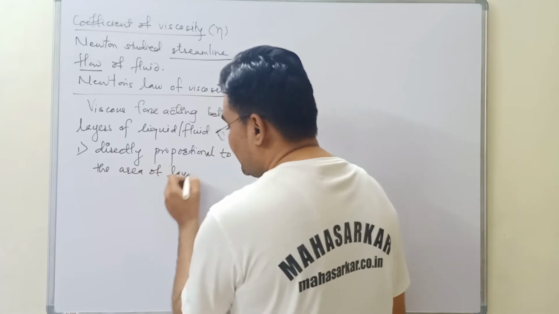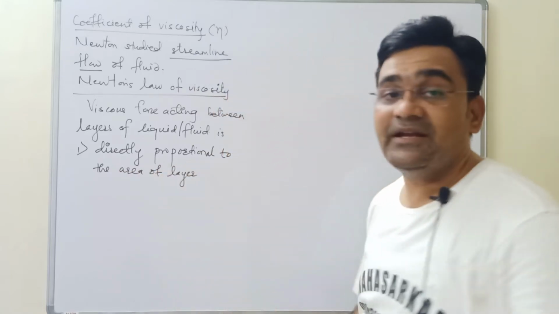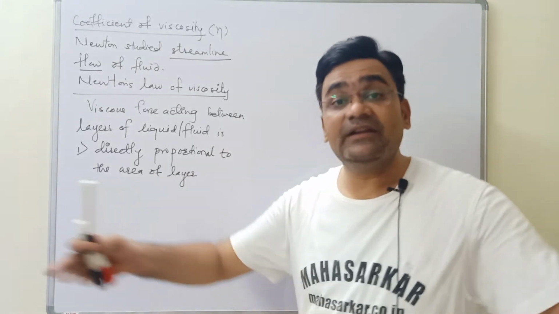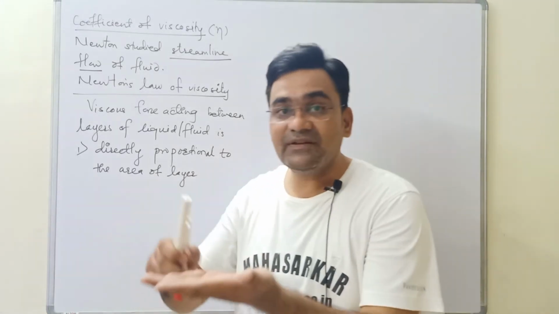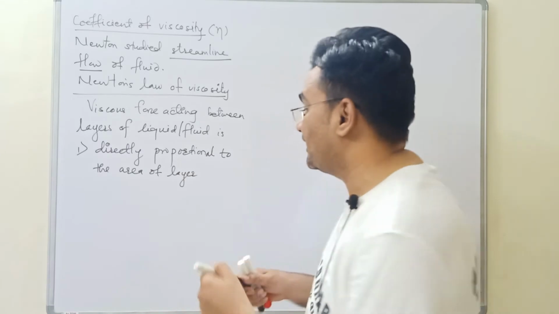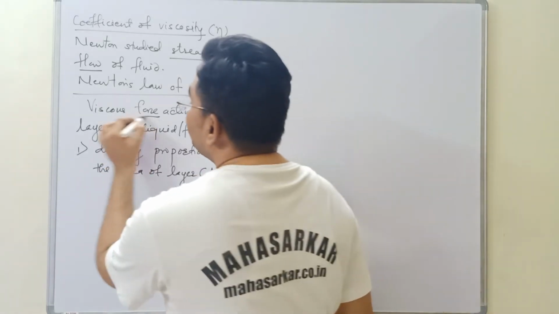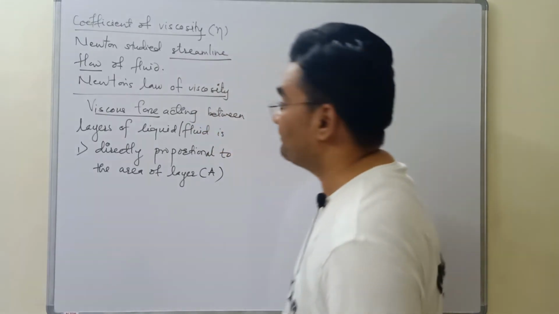Now remember, the area of the layer doesn't mean the area of the container or the entire flow. It is the area in which the interaction is considered to be happening. So the more the area, the more the viscous force, according to Newton.